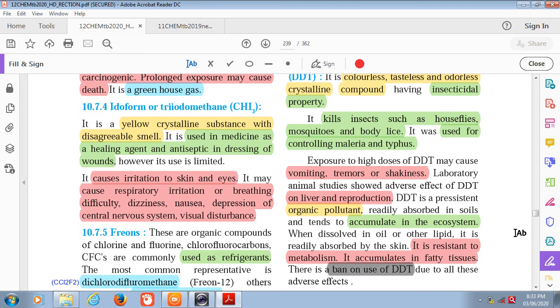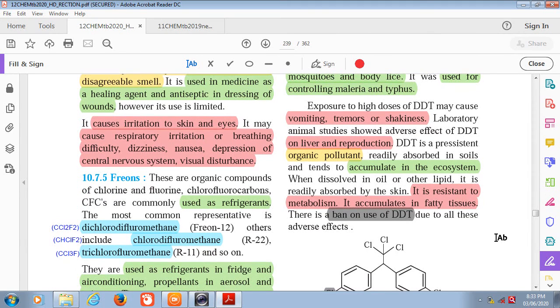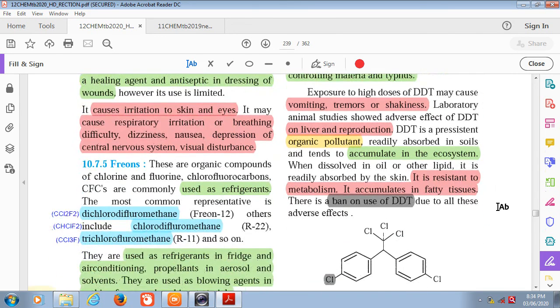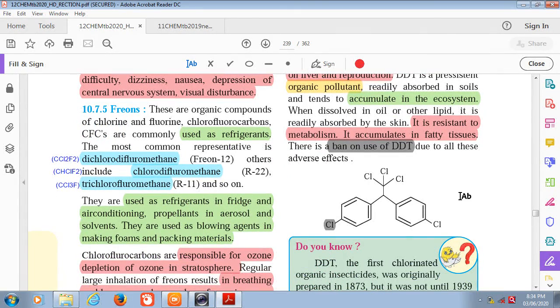When it is dissolved in oil or other lipid, it is readily absorbed by the skin. It is resistant to metabolism. It accumulates in fatty tissues. And therefore, it is banned for use as an insecticide. So this is the structure of your DDT.